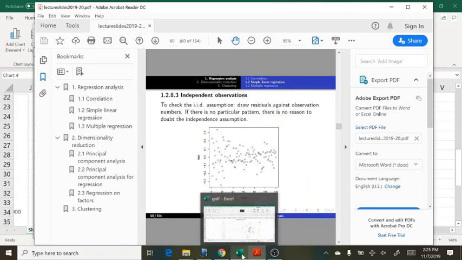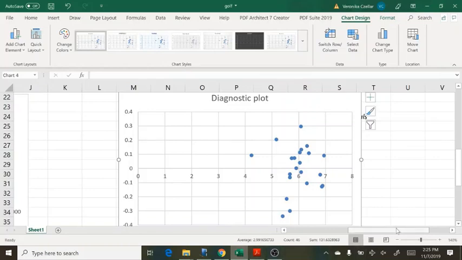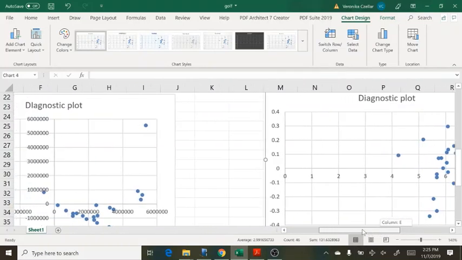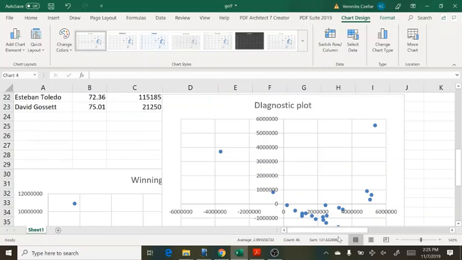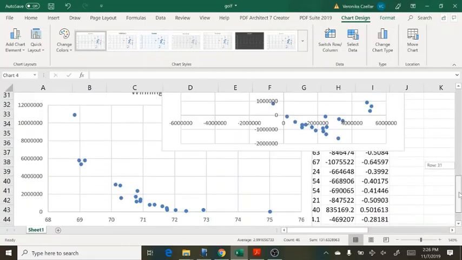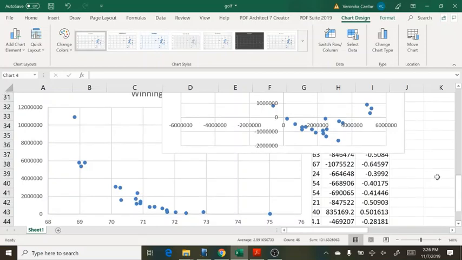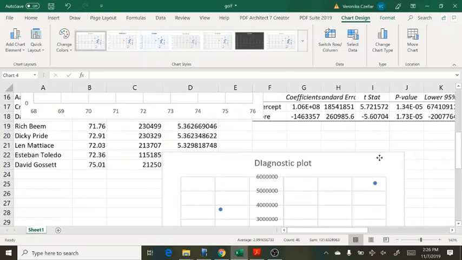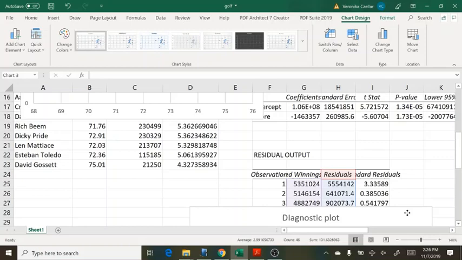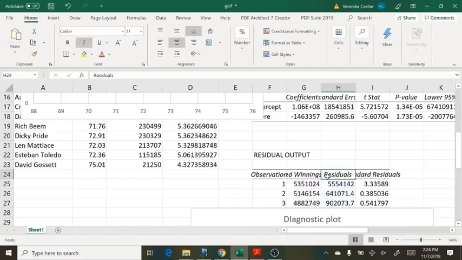If I go back to my Excel sheet, I go down to my residuals, which are here. It's just that they are a little bit hidden by this plot. So I have the residuals here, and I have the observation number 1, 2, 3, etc.